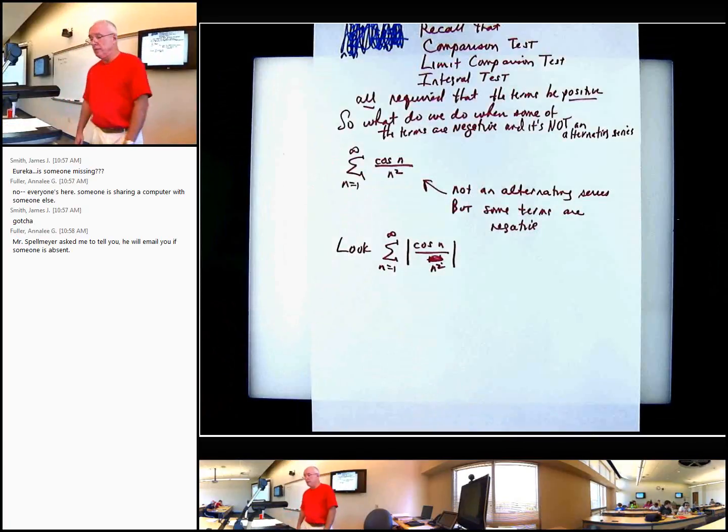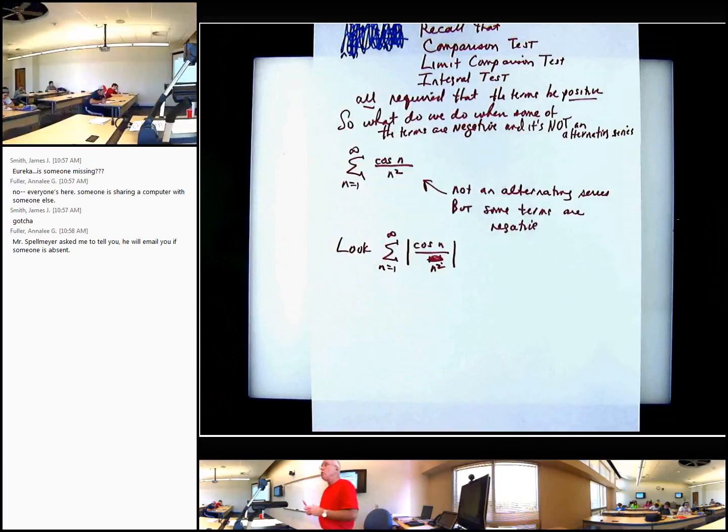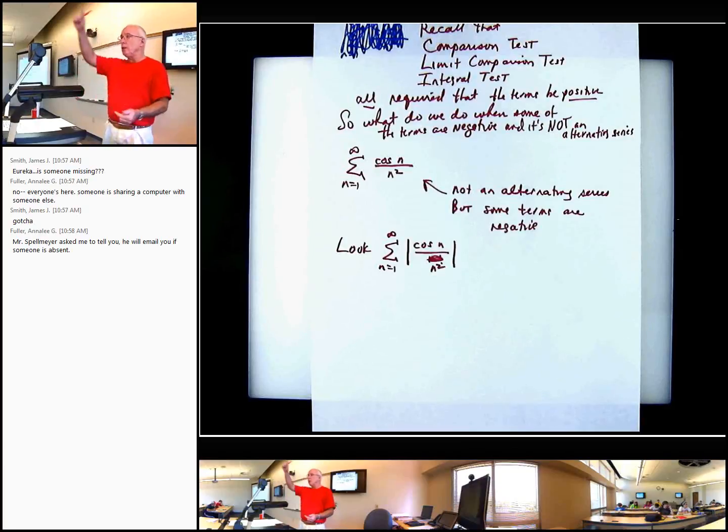Now, from trigonometry, we know that the absolute value of the cosine is always going to be less than or equal to what positive number? 1. Right. Cosine goes between -1 and +1.